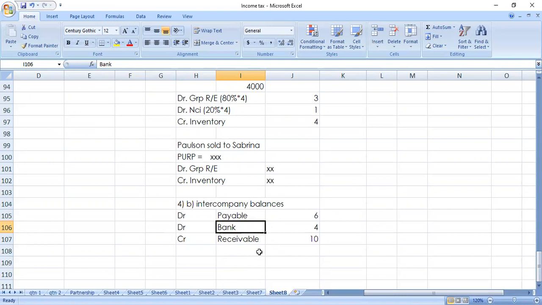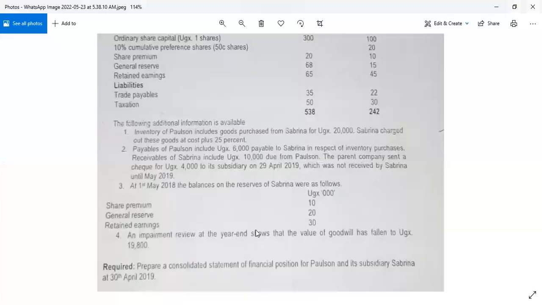So we go to the next item. We're done with all the information, I think. Then the group account, the group working, then do the NCI.